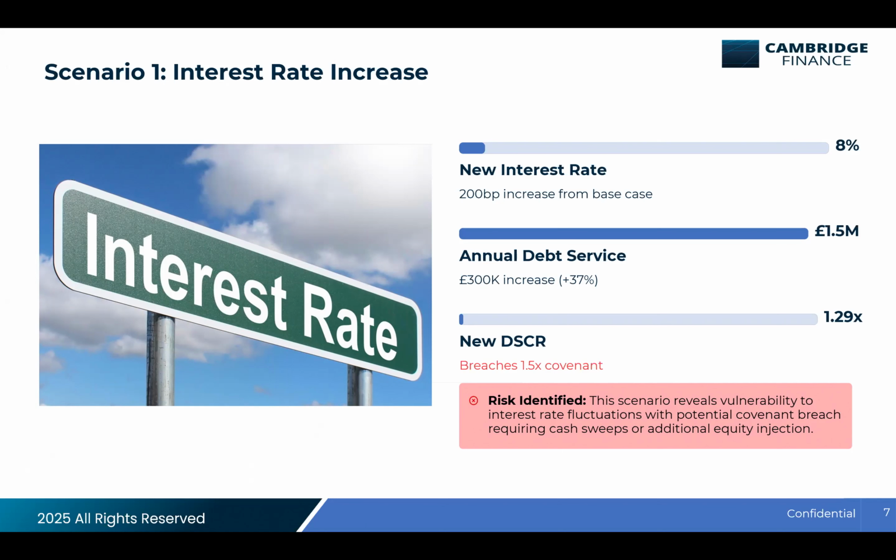Okay, so this is a way for you to test the vulnerability of your investment to change. So the question is, what is the probability? What is the risk of going from 6% to 8%? How likely is it, right?